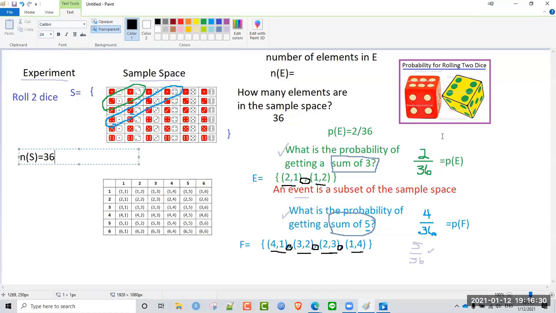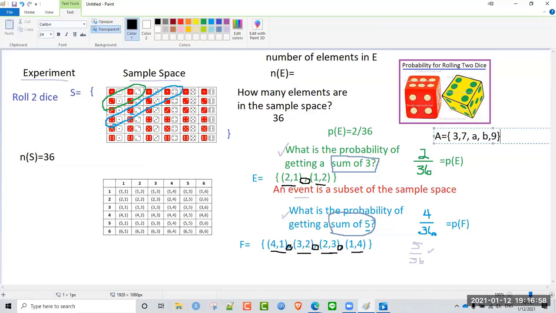So if I had another example that has nothing to do with probability, a set A equal to 3, 7, A, B, 9.